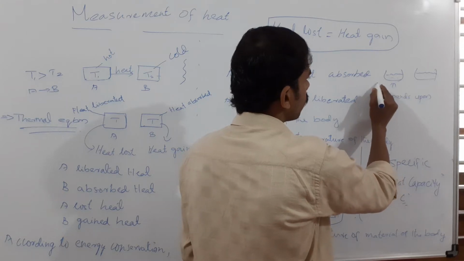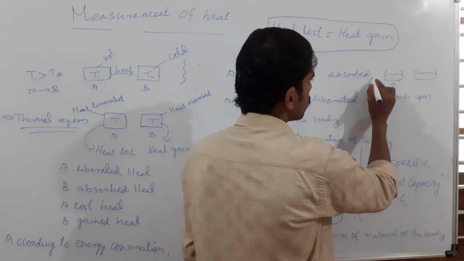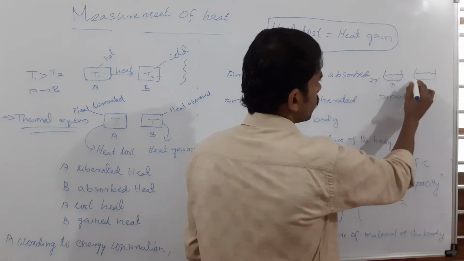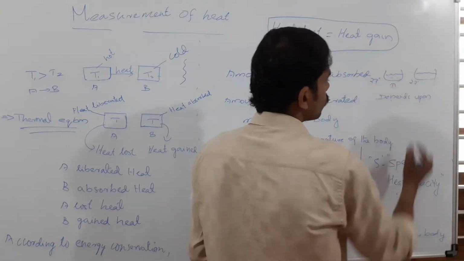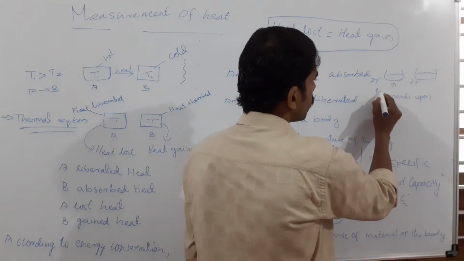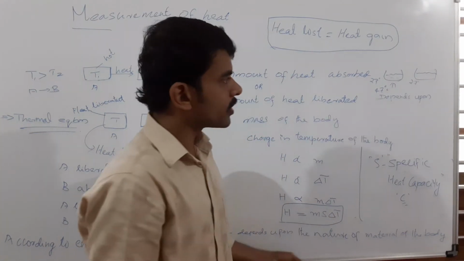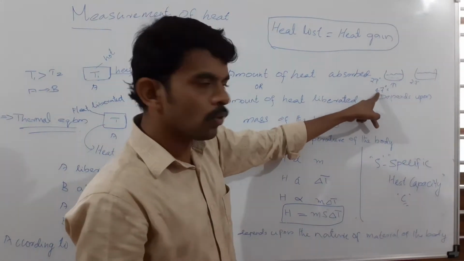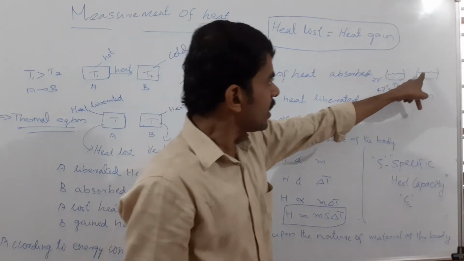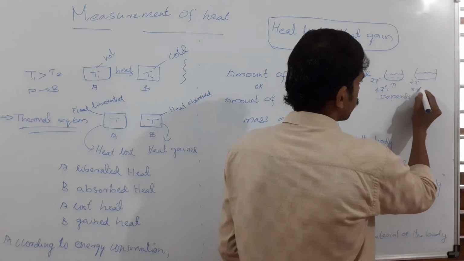Initially both were at a temperature of 27 degrees Celsius. Here we have to raise the temperature up to 47 degrees Celsius, and here we have to raise it up to 57 degrees Celsius.